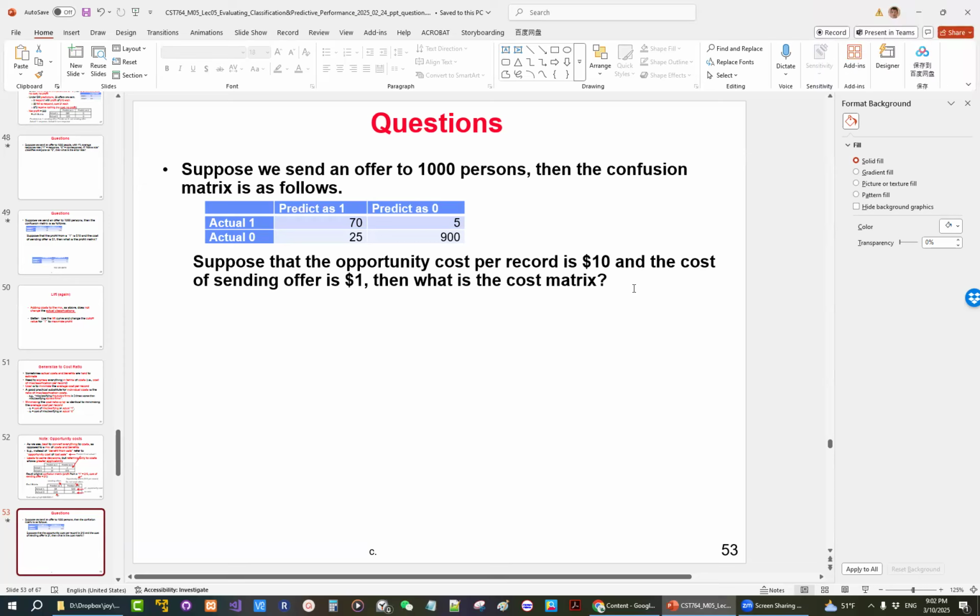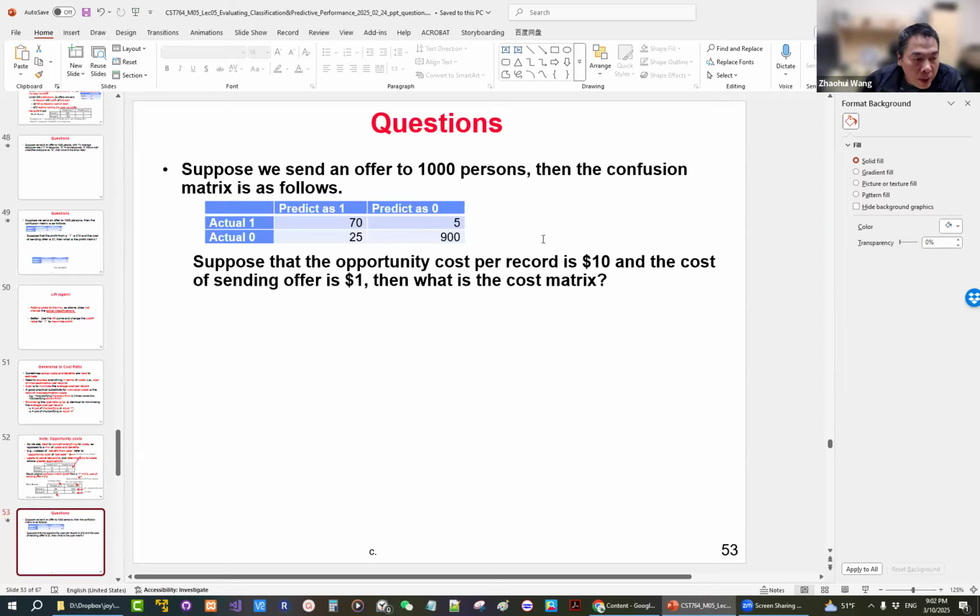I think it might be $2. The cost matrix. Yeah, cost ratio is 2.